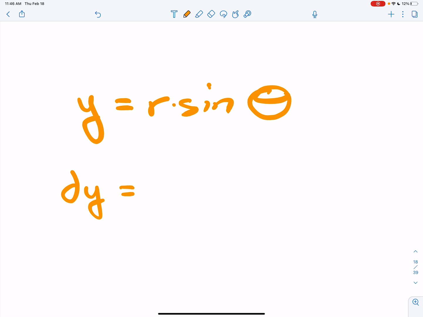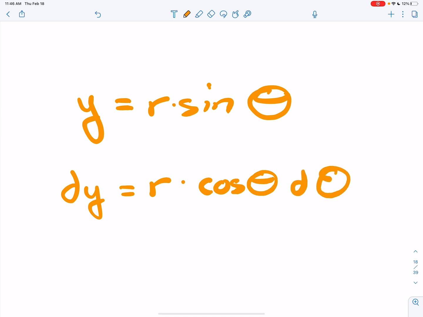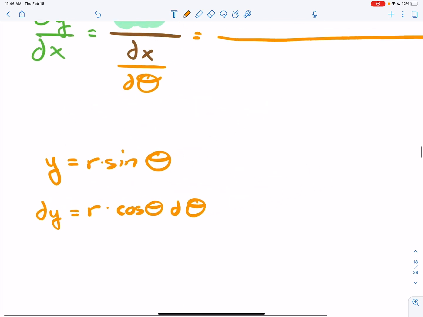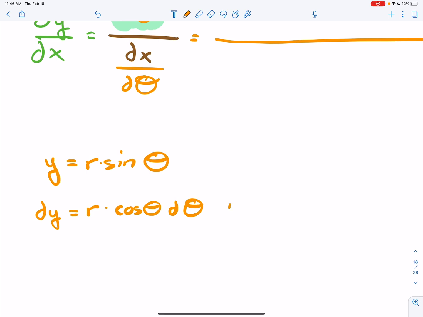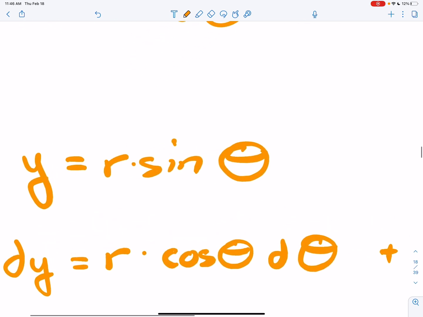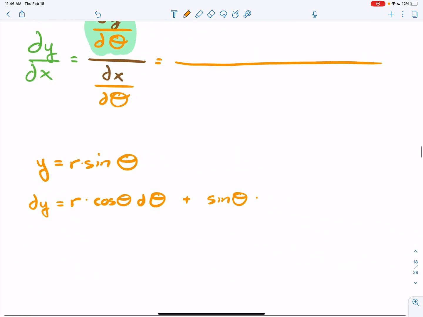A product requires the product rule. So we take the first times the differential of the second. The derivative of sine is cosine theta, but with respect to theta. First times derivative of the second plus the second times derivative of the first. The derivative of r is just 1, but with respect to r.